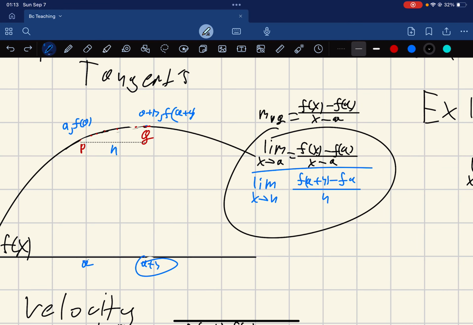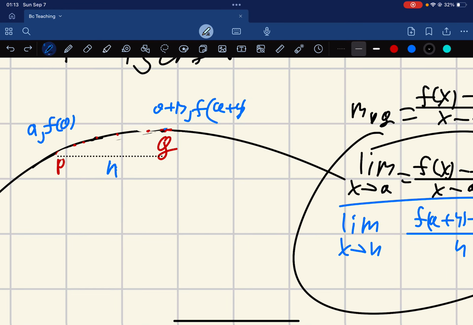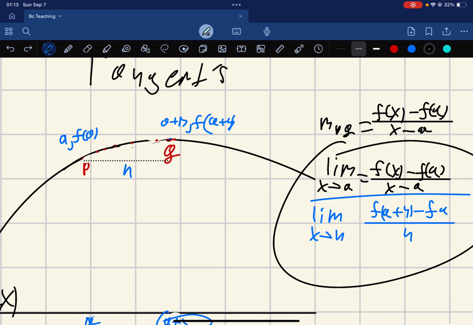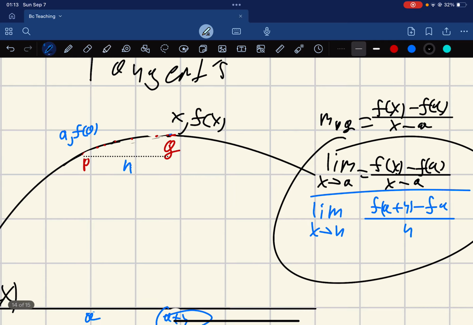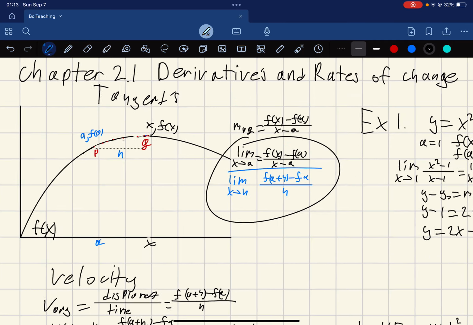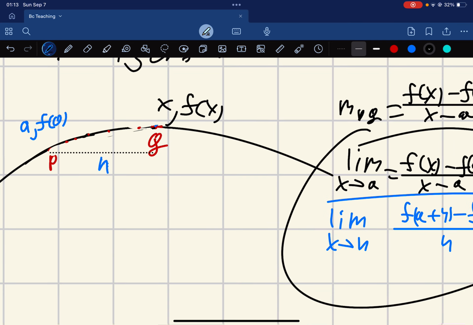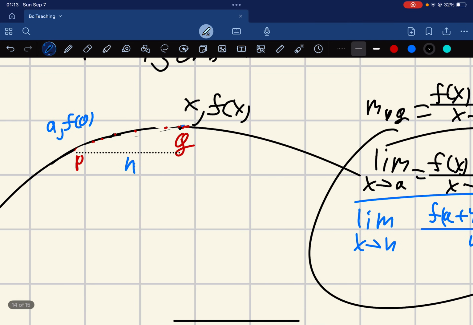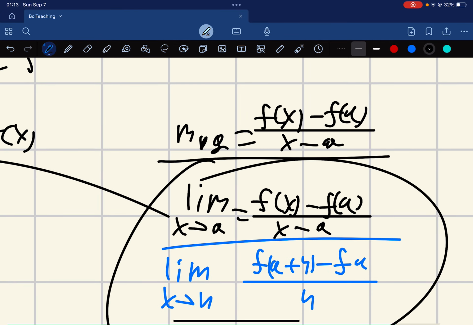So let's say you're given the points P and Q. For right now, P would be a and f of a, and Q would be x and f of x. If we consider our slope between P and Q, that's going to be f of x minus f of a divided by x minus a.